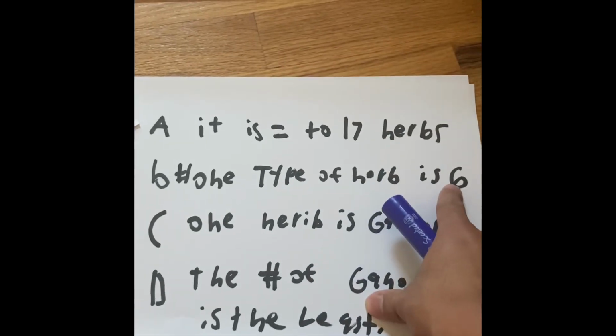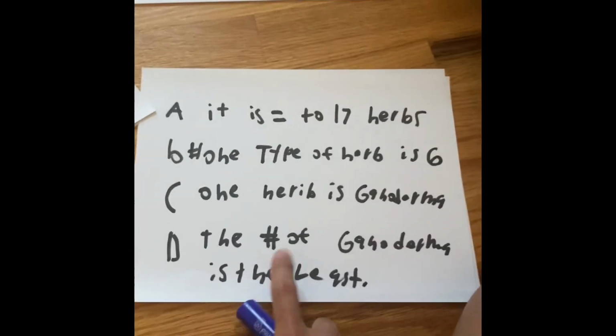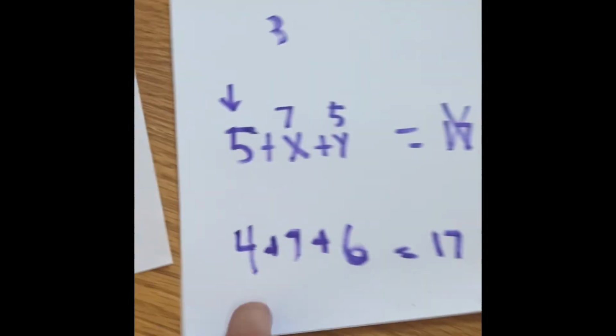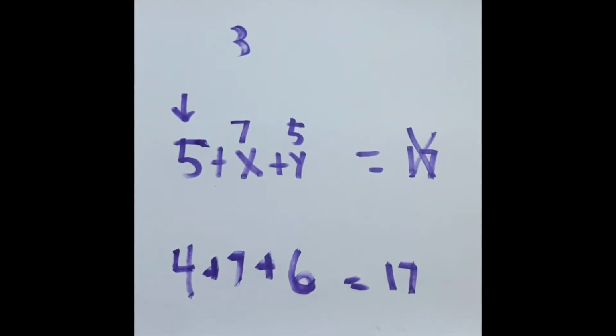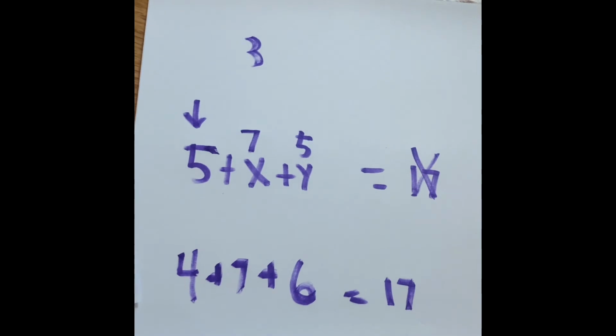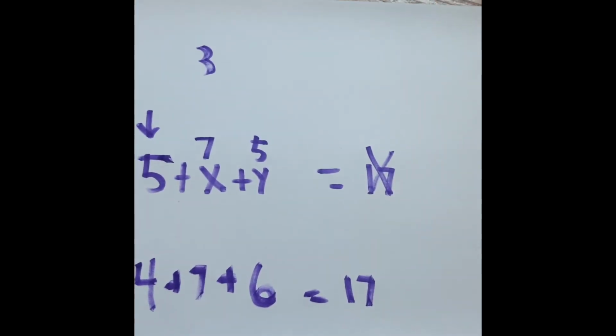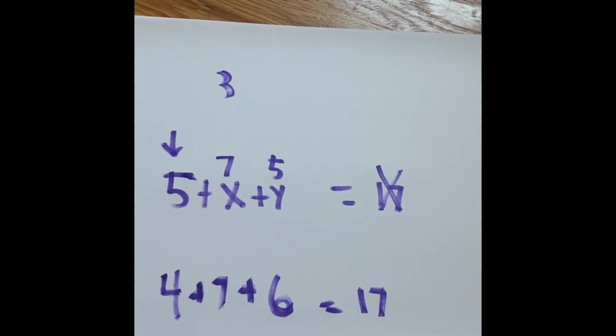One type of herb is 6, one herb is Ganoderma, which is the 4, and the number of Ganoderma is the least. So, if we hadn't added it wrong and had retried and put this in, we would have made the patient, Gao Kaosheng, get to 100% recovered health.